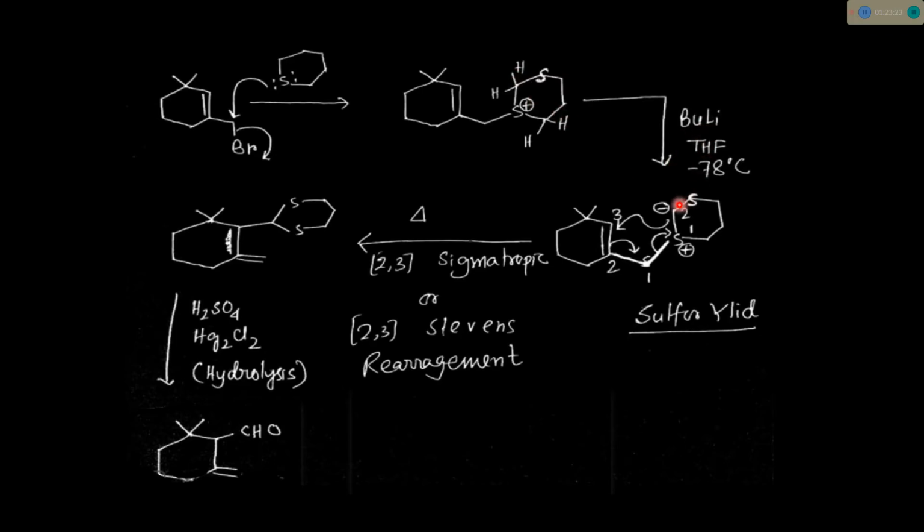In the presence of base this hydrogen is abstracted, and this whole compound is a perfect starting material to proceed with the sigmatropic rearrangement. That's why we get this product.